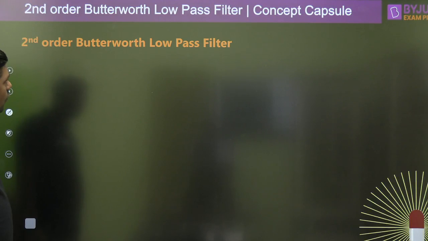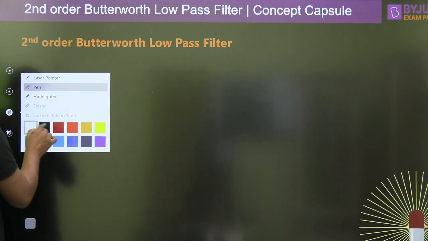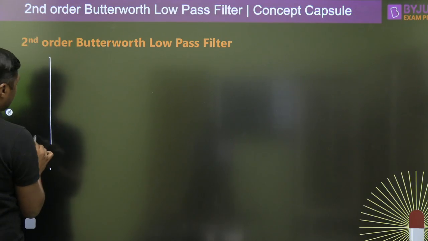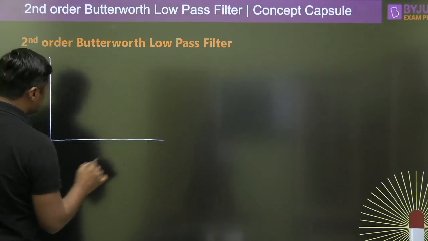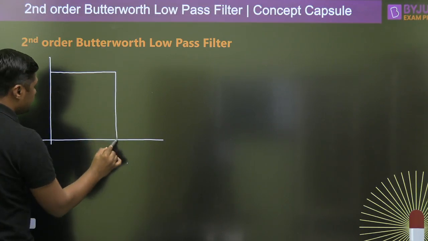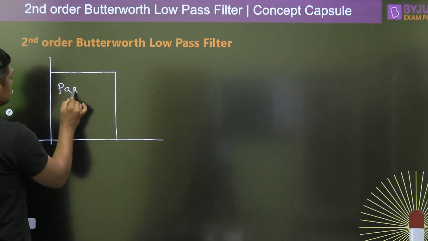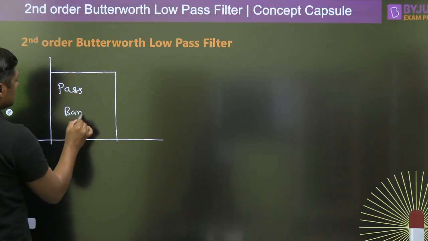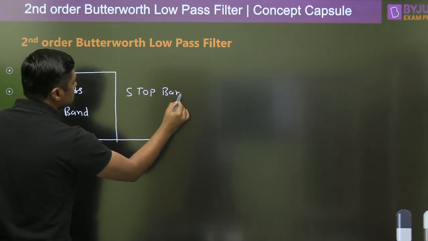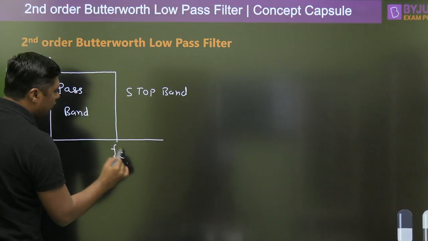When I want to design the filter, what is the requirement? For a low pass filter, what will be the requirement? Always remember this. This is called the pass band, and that is called what? Stop band. And this is called the cutoff frequency.